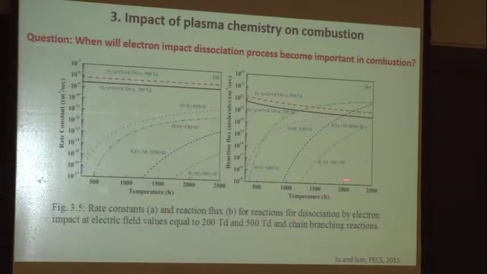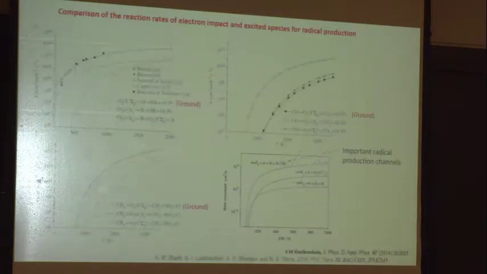If we look at the chain initiation reaction of hydrogen and oxygen, it is really slow. And plasma has the opportunity even at 2000 Kelvin. If ignition is a problem for hydrogen and you want to accelerate it, even at 2000 Kelvin, plasma is great, because the first radical produced by this reaction is slow, right? So that gives you something about what you can control and what you cannot.